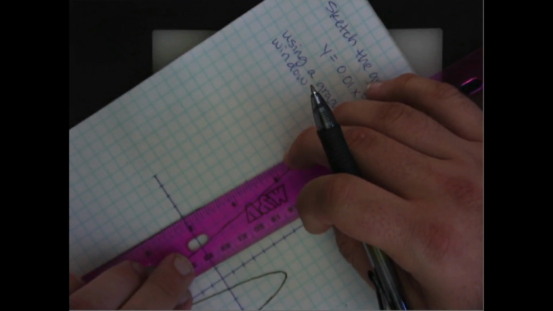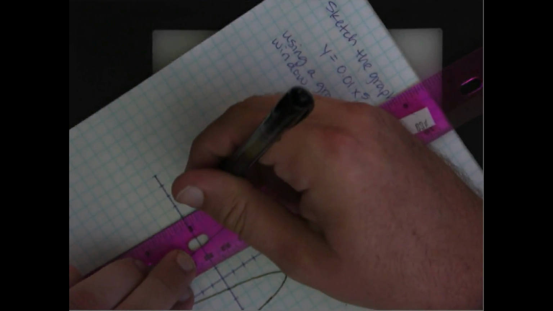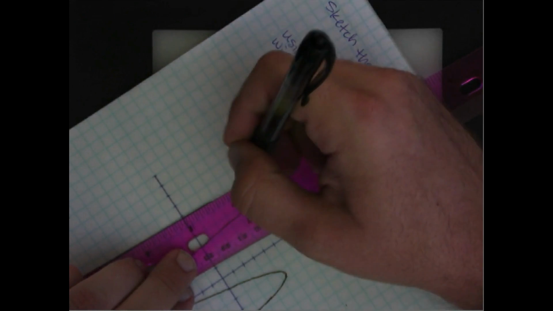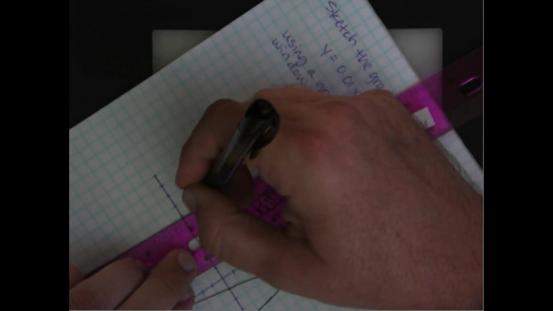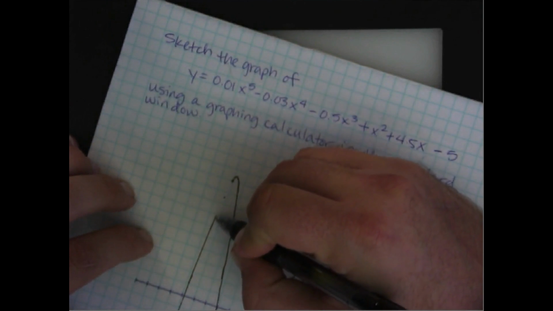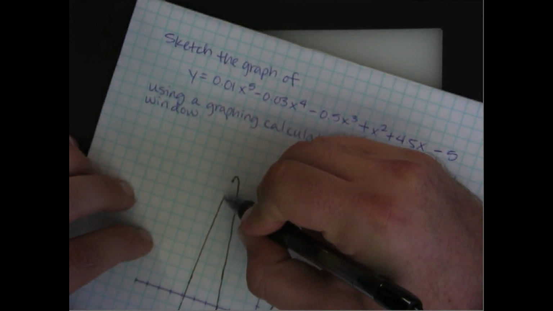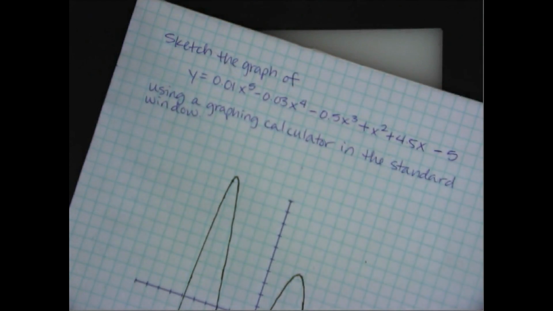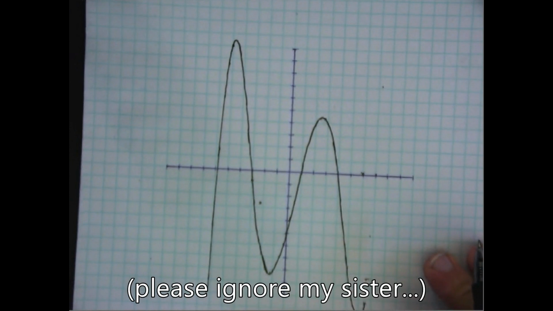And then I'm going to... I gotta go with another one. It's pretty close. And I'm going to connect it like that. You'd never know I didn't draw it freehand.